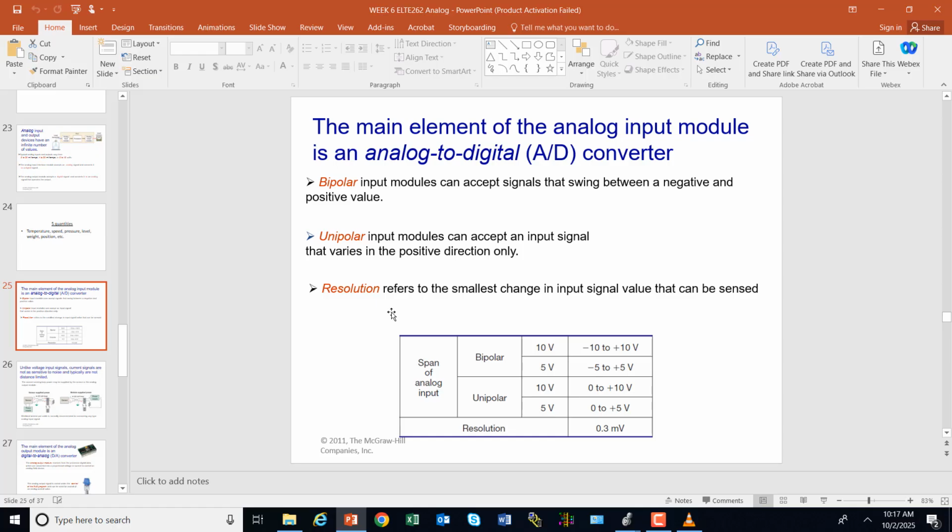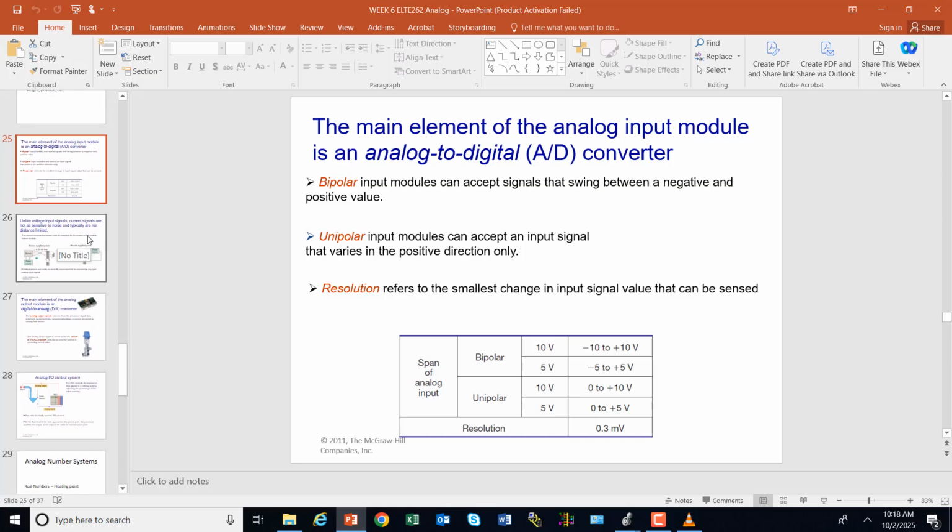And then resolution refers to the smallest change in input signal. That's what we talked about, whether you're doing unipolar or bipolar, you know, -10 to +10, but let's say we're using 0 to 10, and then we showed you the way to calculate your resolution. And for our needs, the resolution is going to be good enough just to demonstrate it.